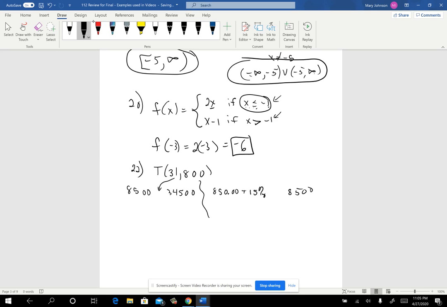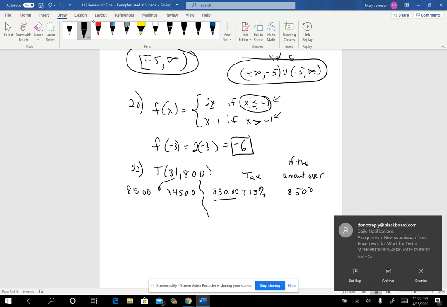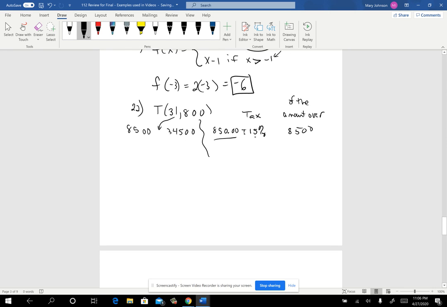Okay. So what it says is my tax is this plus 15%. And then it says of, and this is the tricky part, the amount over 8,500. Okay. All right, so this is what I'm going to use to calculate my tax.